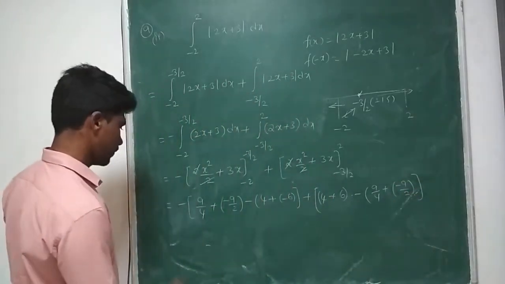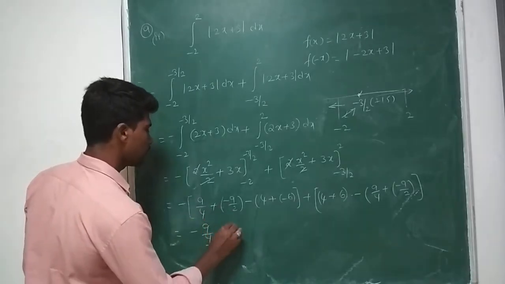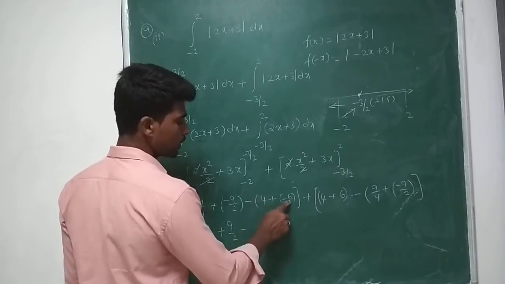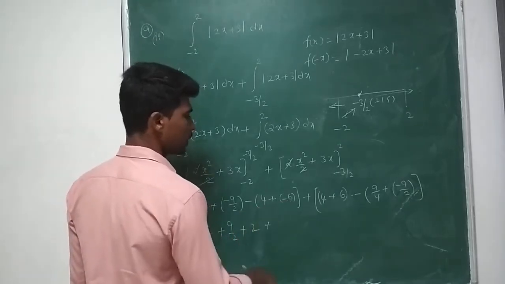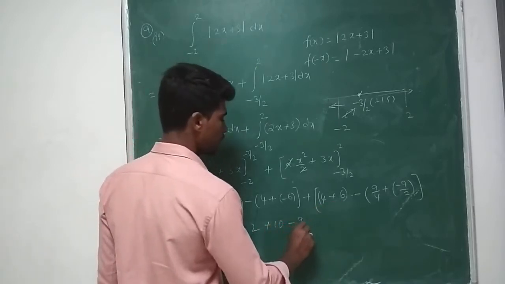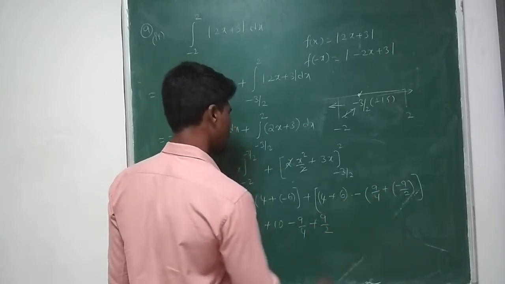Simplify. So I get minus 9 by 4 minus into minus plus 9 by 2, minus 4 minus 6 minus 2, minus 2 into minus plus 2, plus 4 plus 6, 10. Minus 9 by 4 minus of minus plus 9 by 2.